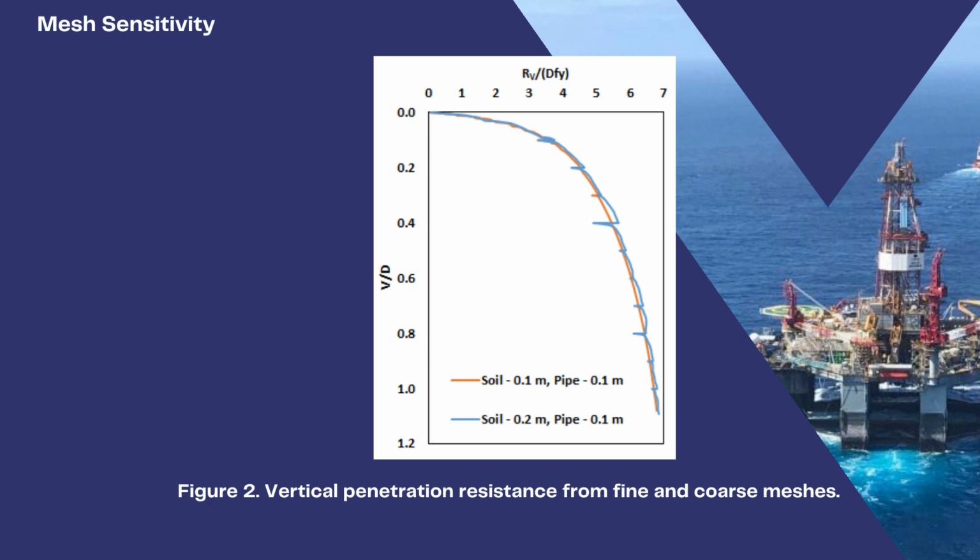The mesh sensitivity study carried out shows that when we use 0.2 meter element node spacing, there are some distinct discontinuities in the penetration resistance. This is the vertical penetration resistance. But if we model both pipe and soil using 0.1 meter node spacing, we can get a smooth penetration resistance.